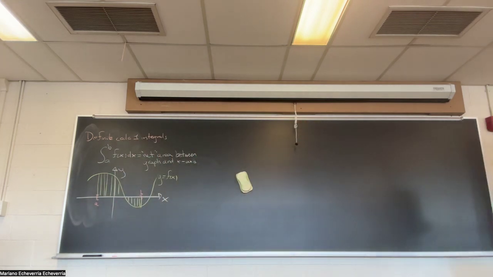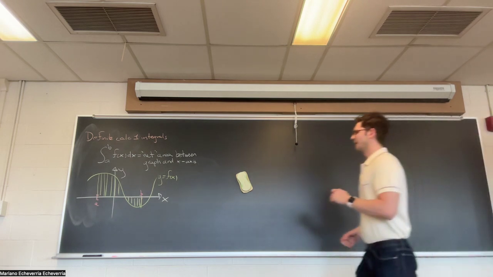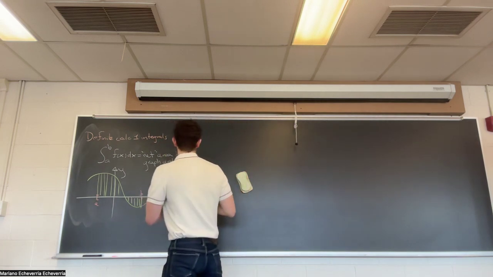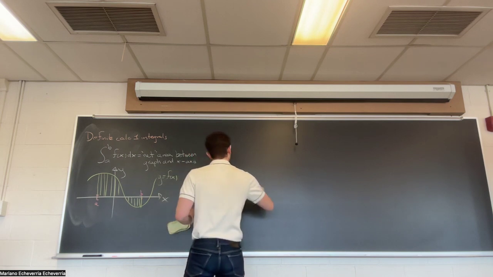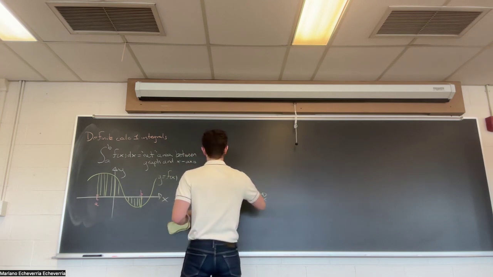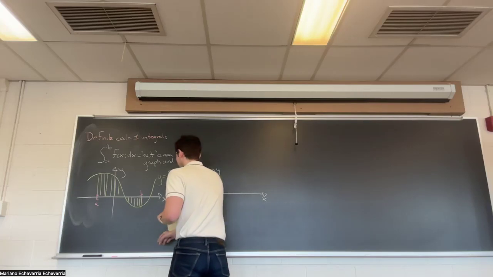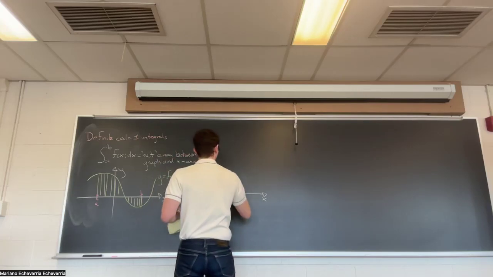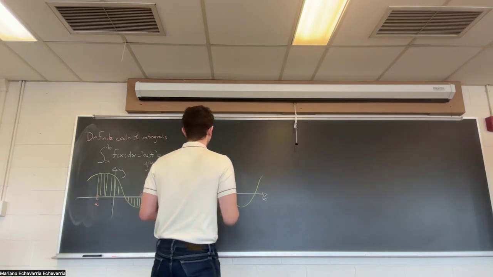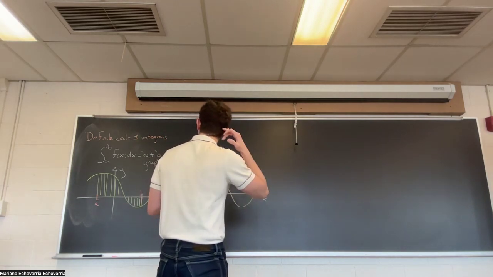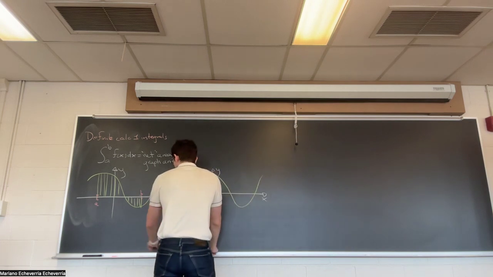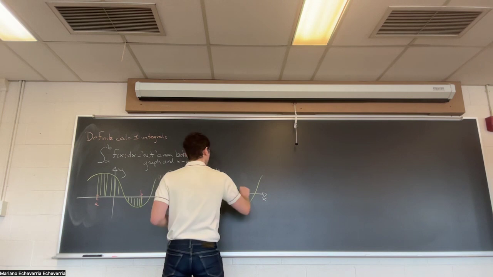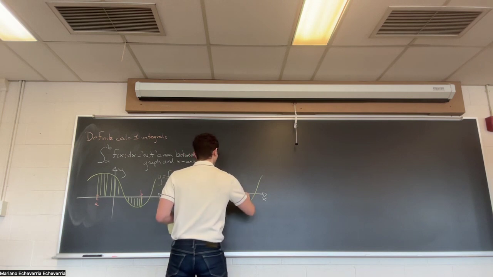And a more useful way to think about it also is, let me draw this again. The way in which you could think about finding this integral in terms of a limit is that if you wanted to approximate the area, then what's better to do is break the interval a b into pieces.